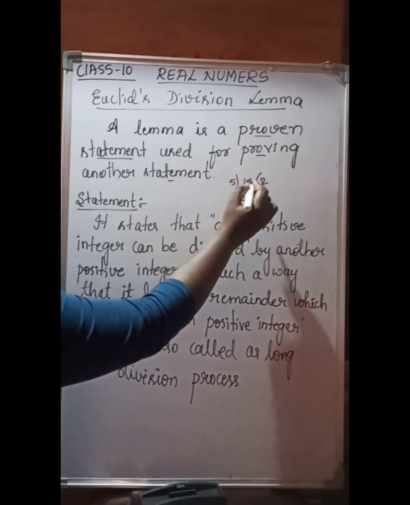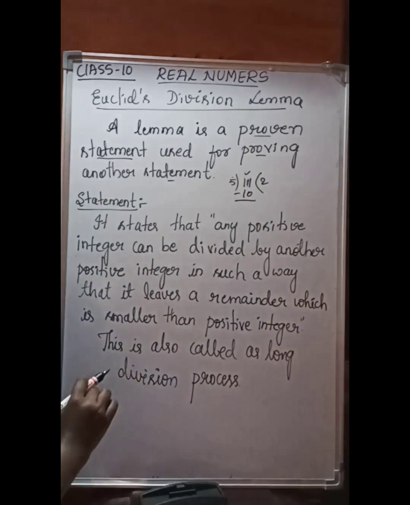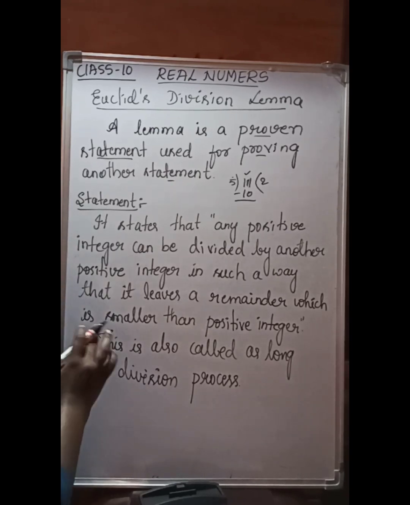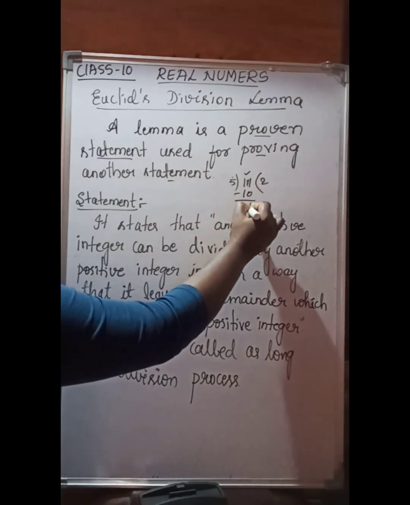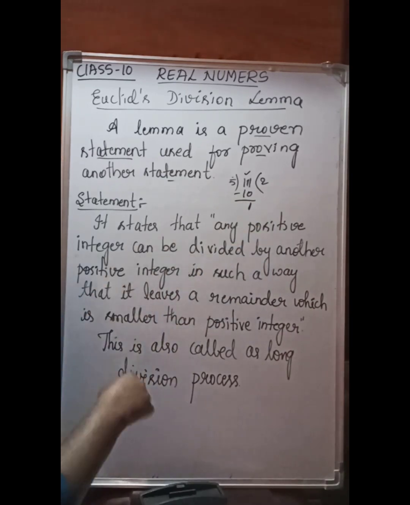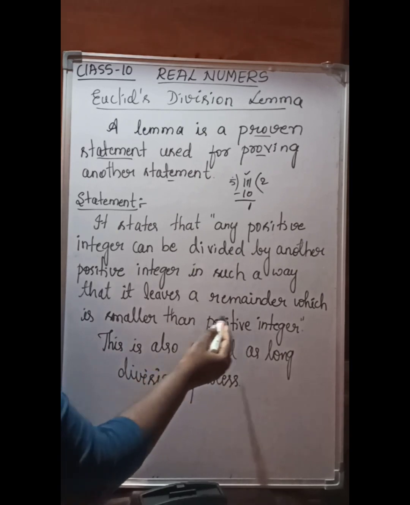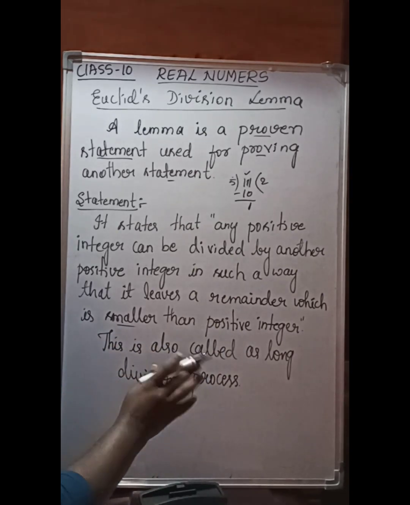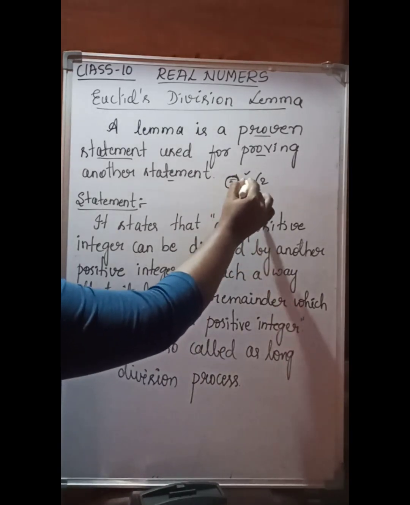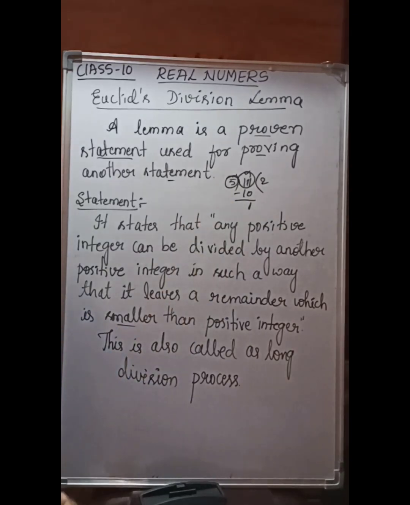These 5 and 11 are two positive integers. Now try to divide this one. 5 twos are 10, remainder is 1. See, always in Euclid's division lemma, the remainder will always be smaller than the positive integer which we consider.